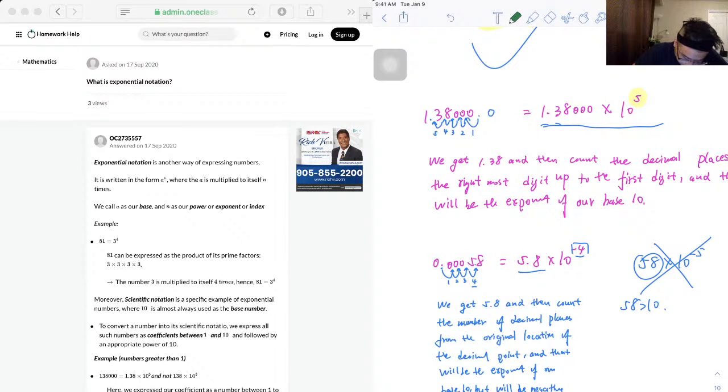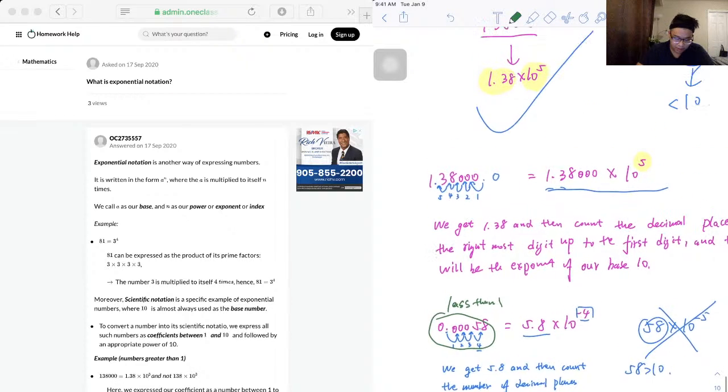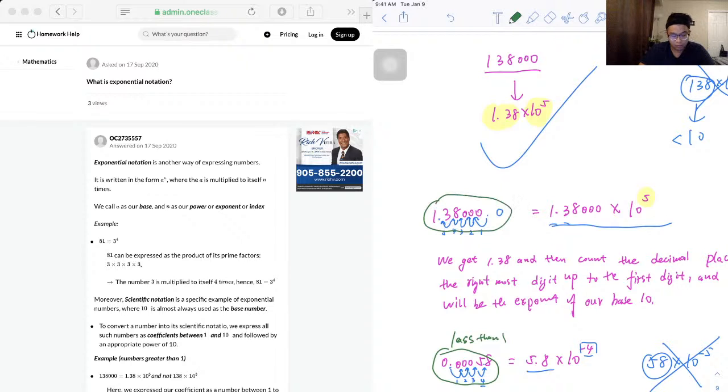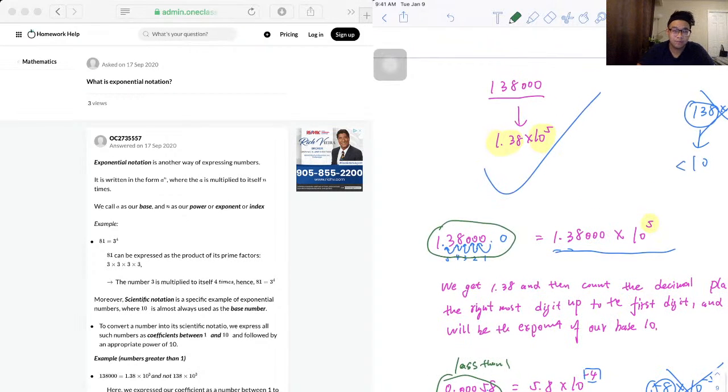So if this number is less than 1, after converting it into scientific notation, the exponent of 10 is always going to be negative. And if we got a number like 1.38, like the example we had before, where this part is greater than 1, then when we convert it into scientific notation, the exponent of 10 is always going to be positive.